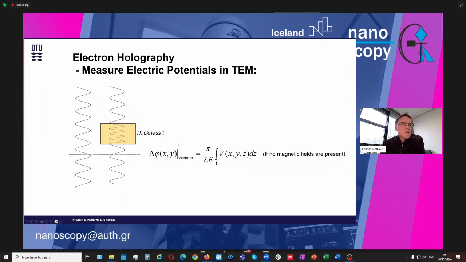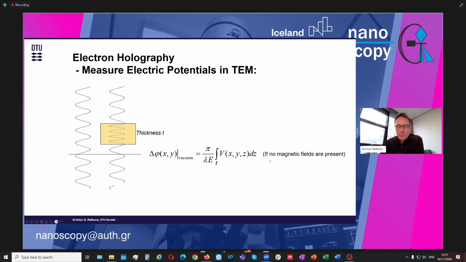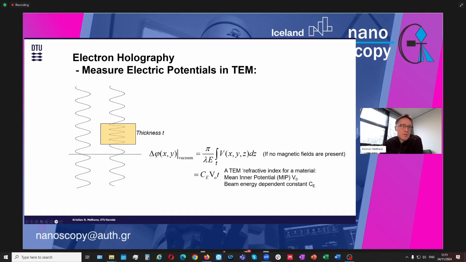The phase change, it turns out here, is given by the integral of the electrical potential that the electrons experienced as they pass through the microscope, if we ignore magnetic fields here. And if it's just one potential, say in a block of ice or water or metal, a simple material, then it's the average potential you experience in the material, called the mean inner potential, and the thickness of it.